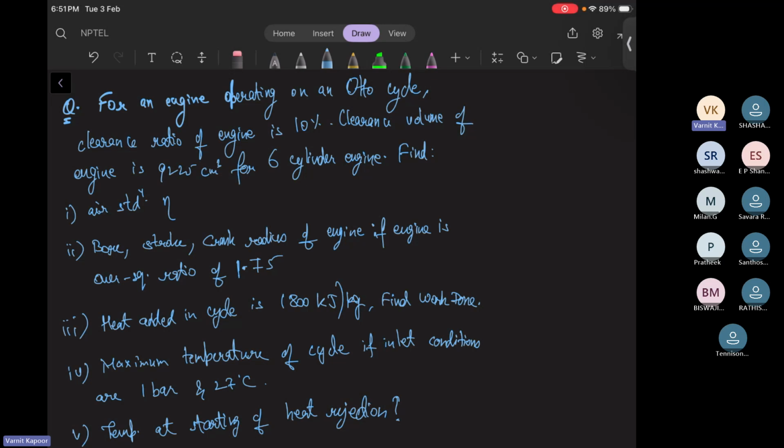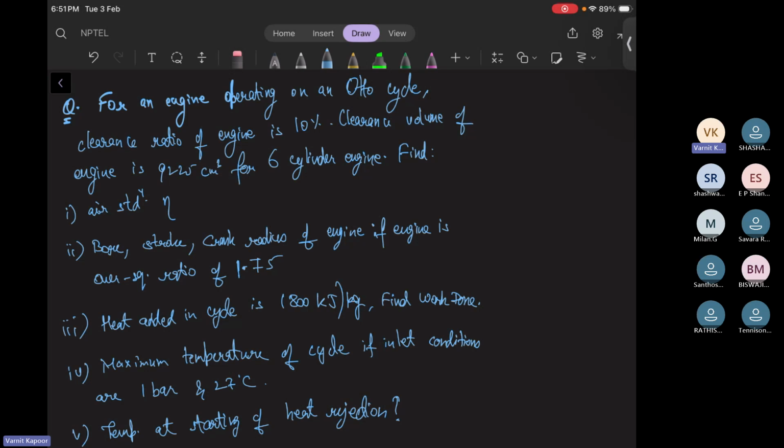Then we will proceed to the diesel cycle after this. I'm here in the class, but please solve it. If anything is not clear, you can ask me at any point of time. It's a very easy question.